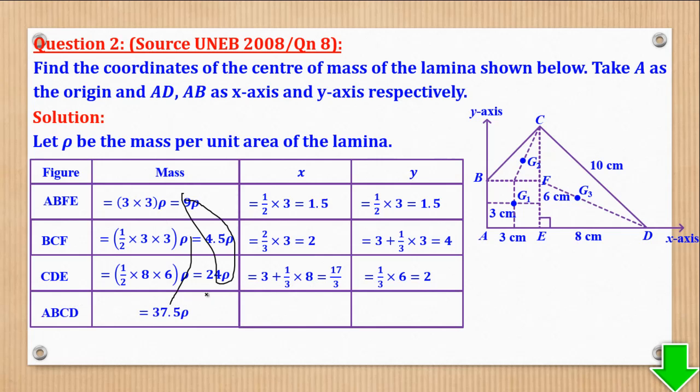Then for the whole lamina ABCD, area was got by adding all these ones, total weight, to give you that. Then here you don't know it, so you call it x bar. You don't know it, so you call it y bar. And that will be the table to help us take moments. Taking moments means actually this gives you the position vector of where this mass is centered.